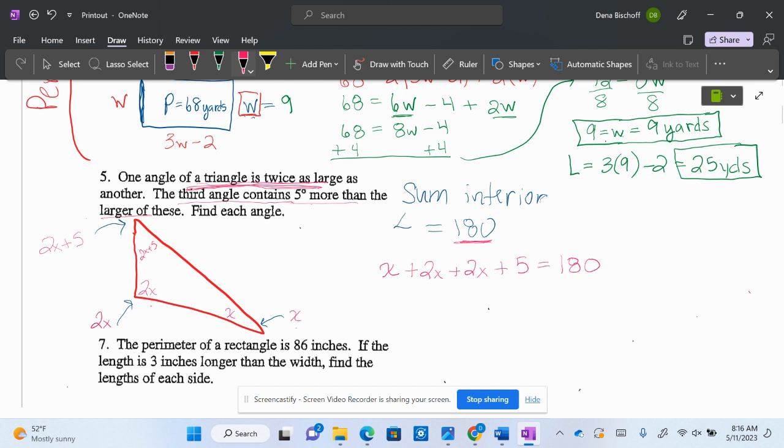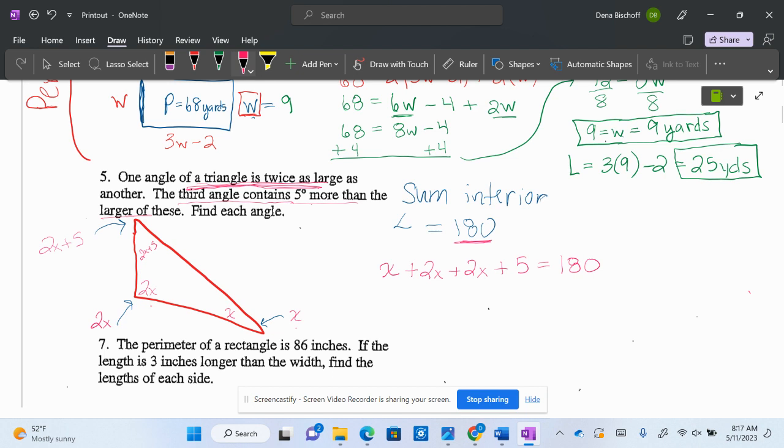And that is always true. Always, always, always. The sum of the interior angles of a triangle is 180. If you have a quadrilateral, a shape with 4 sides, it's 360, just like a circle.